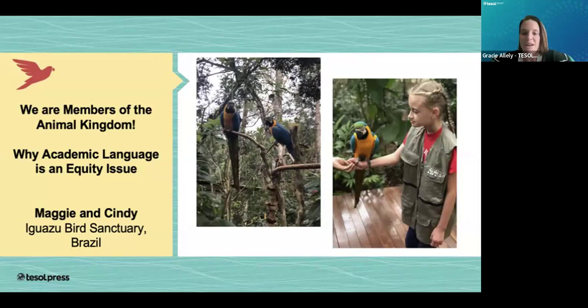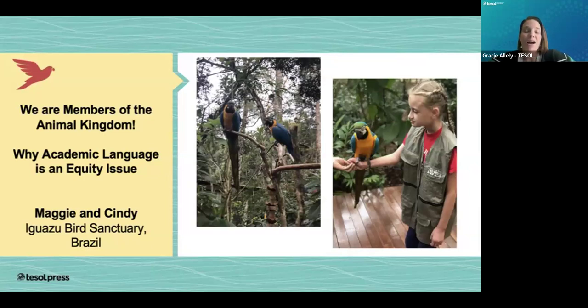And this is because they have lived now their whole life in the sanctuary, because when they first got there, people would go visit them and they would say arara, arara, which is Portuguese for macaw. So because so many people were saying arara to Maggie and Cindy, now they think that that is what they are supposed to say.